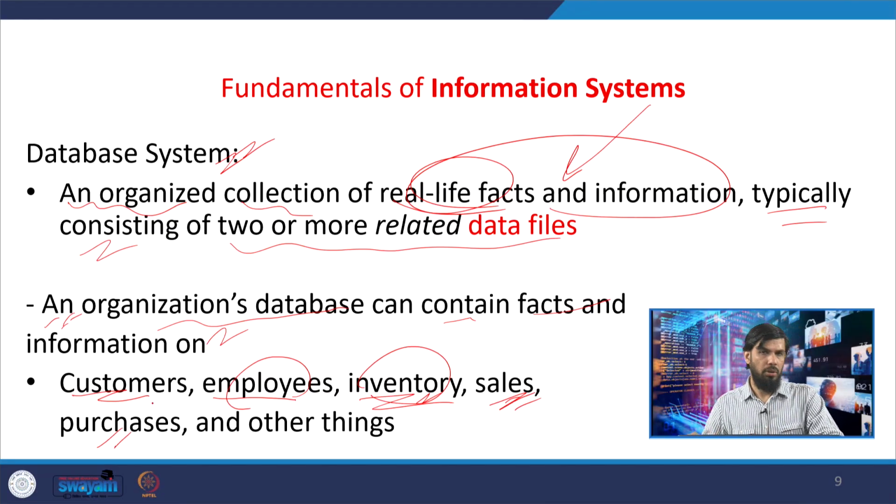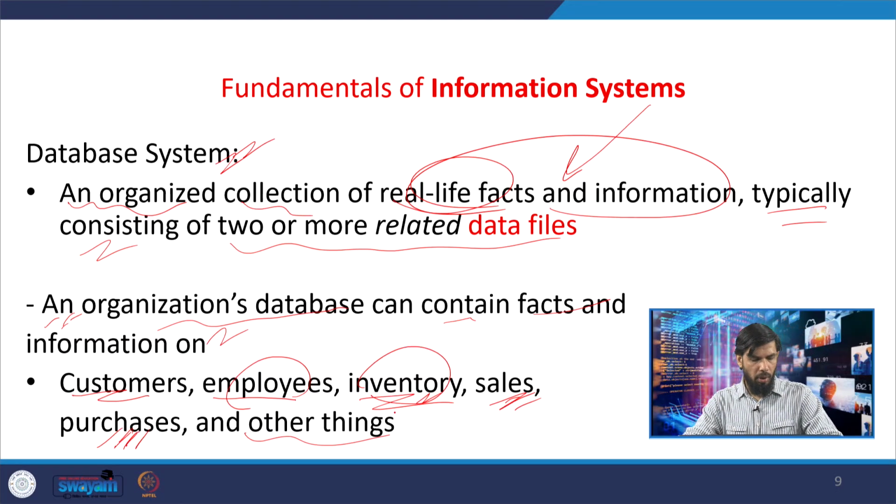Similarly, purchases. To be able to run their business processes, they might have to acquire certain raw materials and other artifacts, so they might have to make purchases. That purchase transaction data and the items purchased. Lots of data would be generated, all of which will go into a database system, and there might be other things.